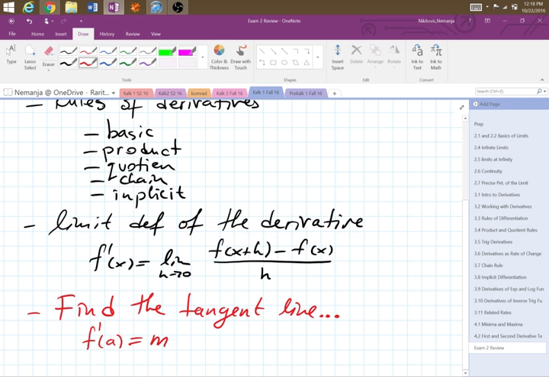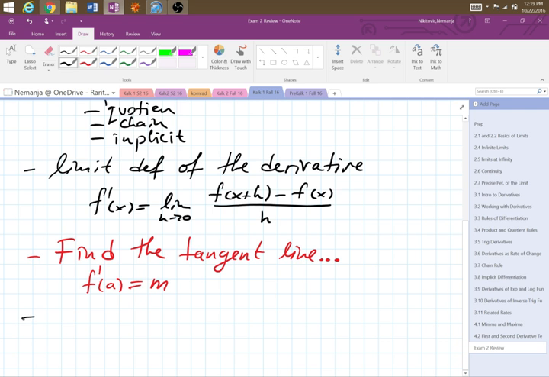And to find this derivative, you might have to use the chain rule, you might have to use the product rule with chain rule, you might have to use implicit differentiation. It doesn't matter which derivative rule you are using. Well, it matters regarding the problem, but something will be there to find the derivative of the tangent line.